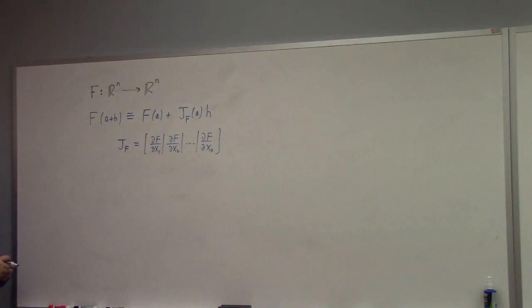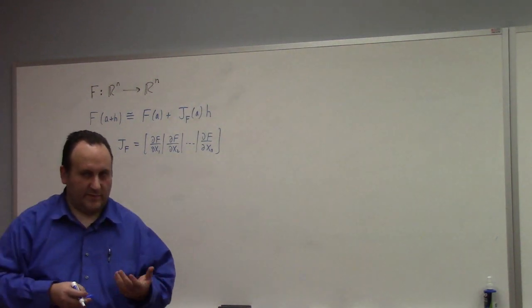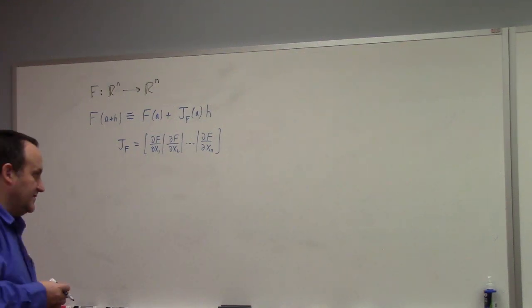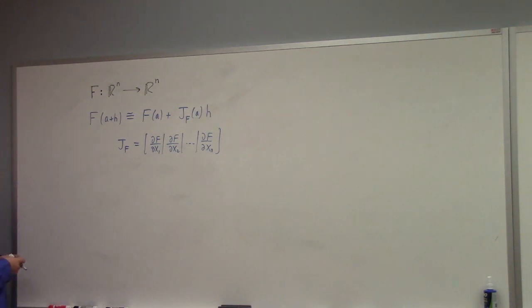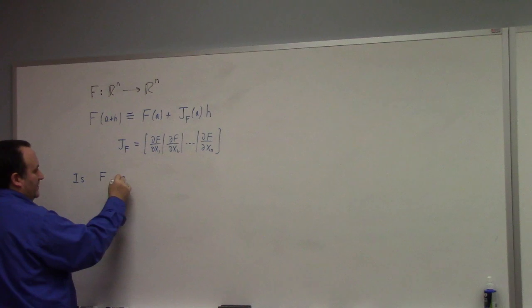I'm specializing to n by n just for the sake of our current discussion, but of course this also makes sense when the dimensions of the before and after are not matching. Then you can ask the question: is this function invertible? Is f invertible?